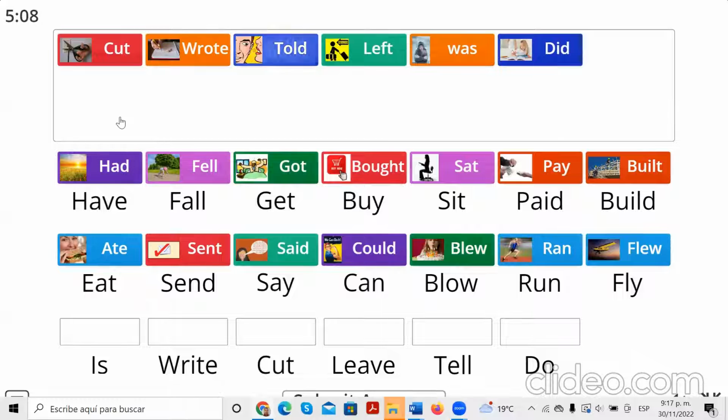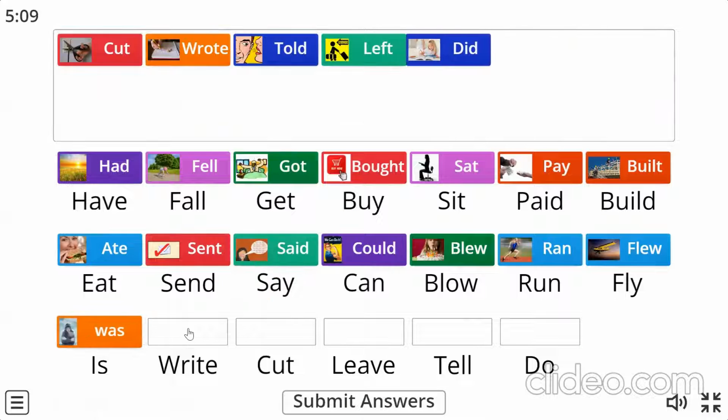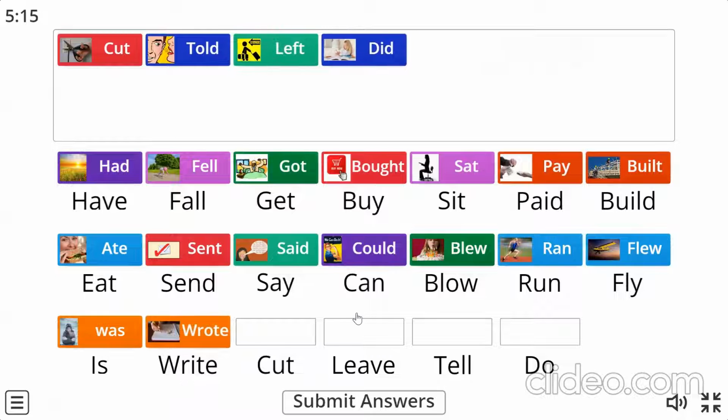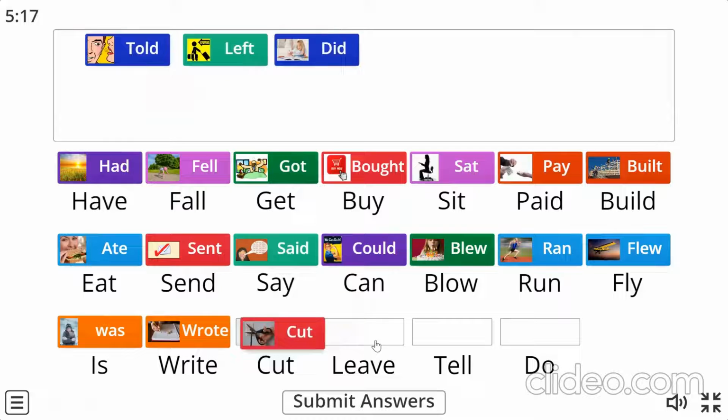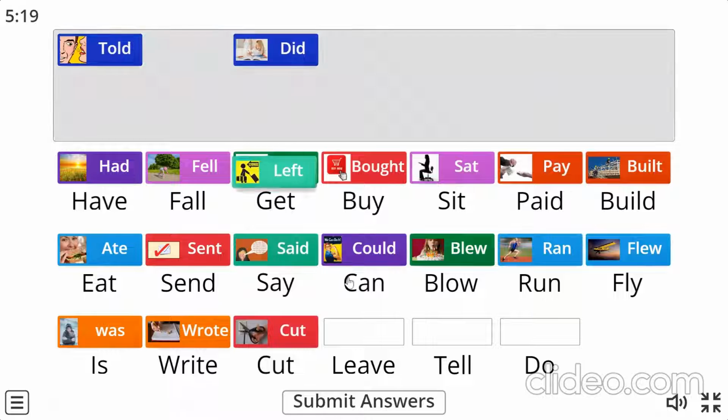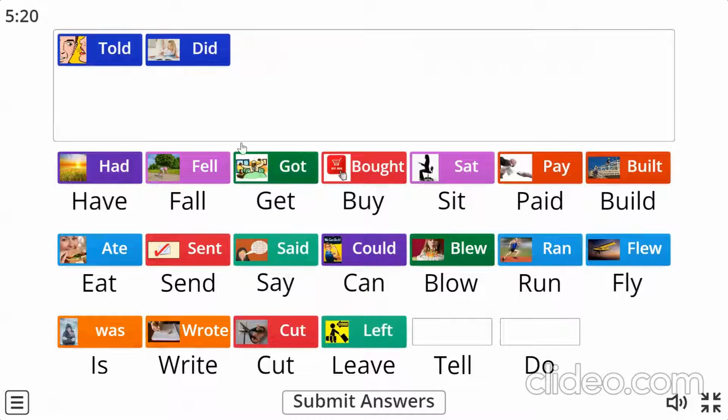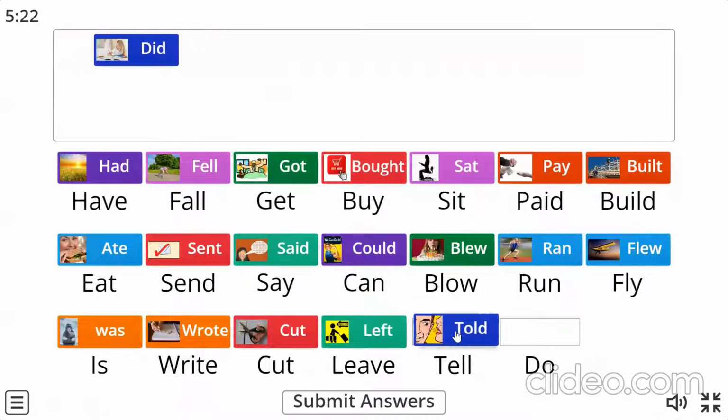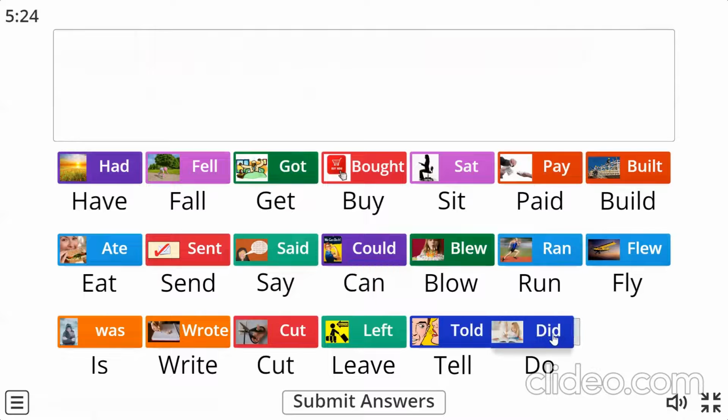Was, or were? Both are possible, right? Grow, grew. Write, wrote. Get, got. Leave, left. Tell, told. And do is of course did. Okay.